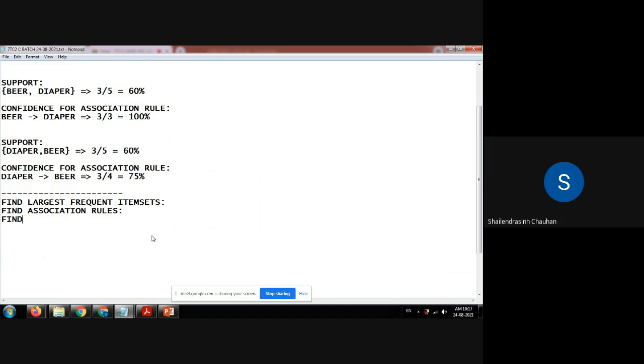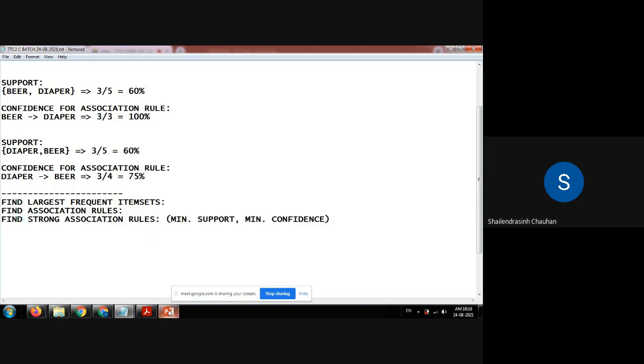If they ask you to find strong association rules, then you need to use the concept of minimum support and minimum confidence. This minimum confidence is the same as minimum support. That means a percentage will be given, and we want to consider only those rules which have minimum confidence of 70%, 60%, like that. So we'll use these strong rules.